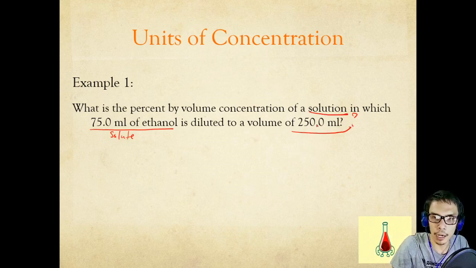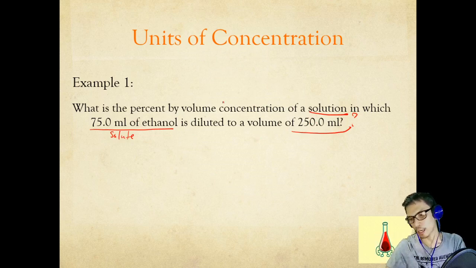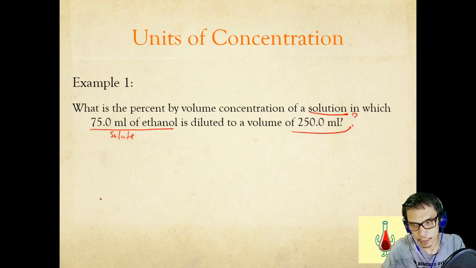Alright, so this is the volume of the solution that is prepared already. So the question here is, if you will prepare a 250 ml solution, what is the percent by volume of that solution? So we have the formula right here.